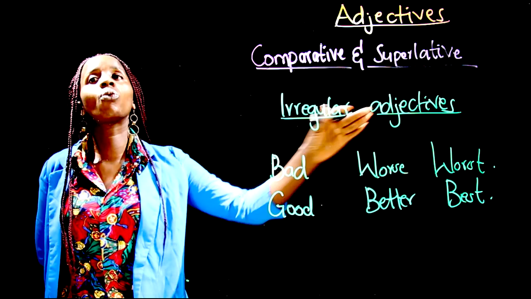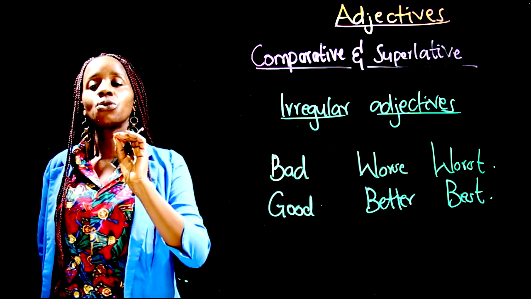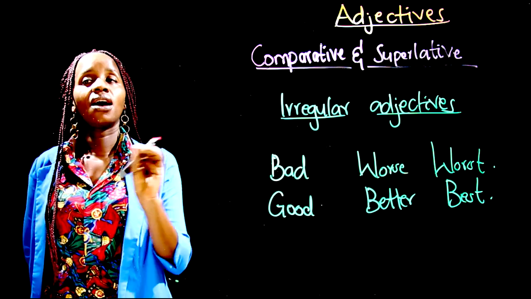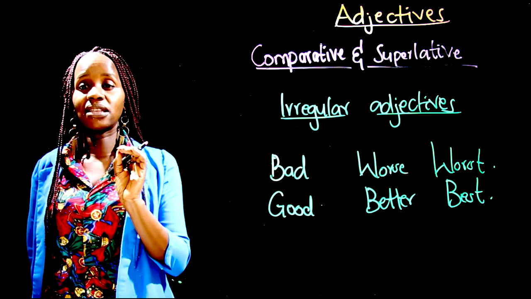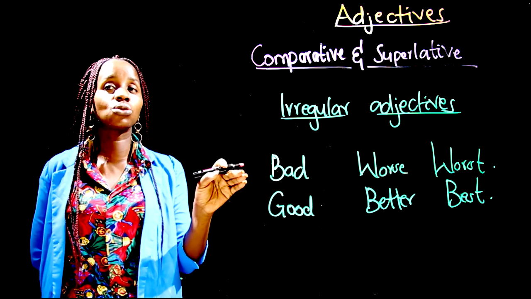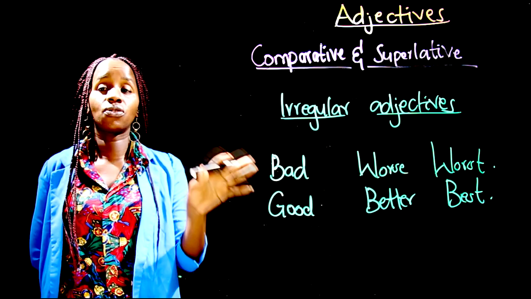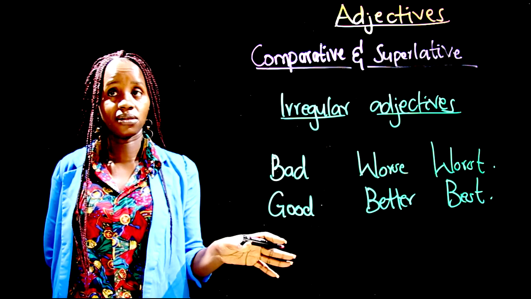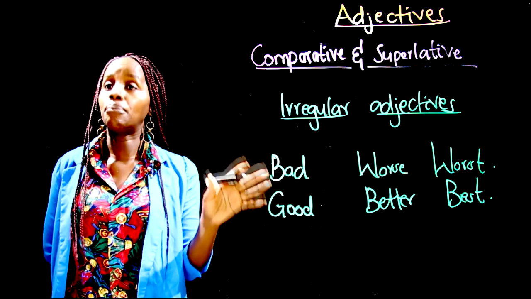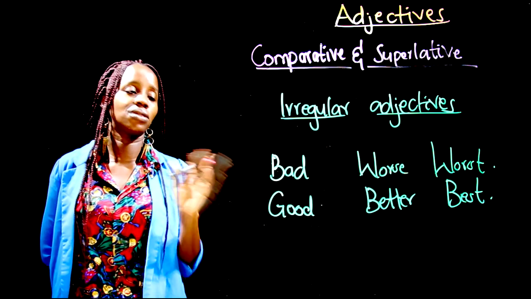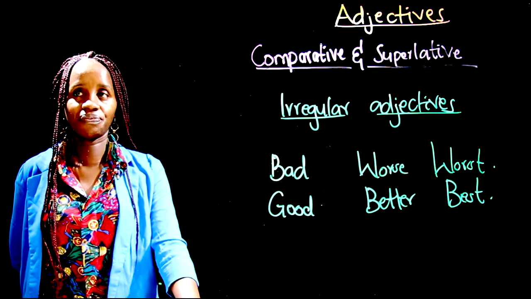Or "she is the worst". So you'll use the article "the" when you're referring to the superlative nature of this adjective, regardless of how they appear. Okay? And also "among", and so on.